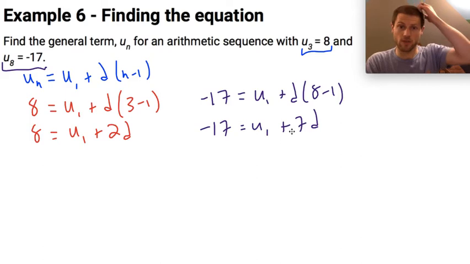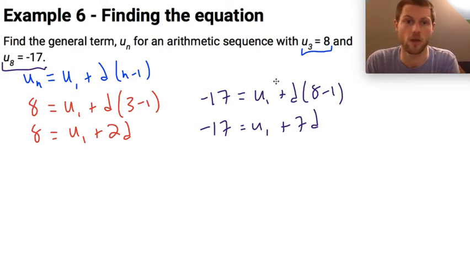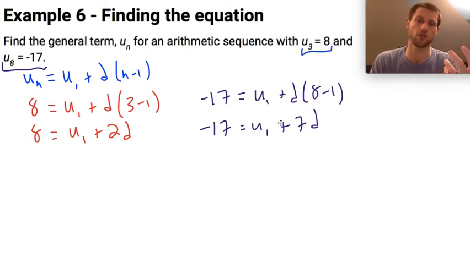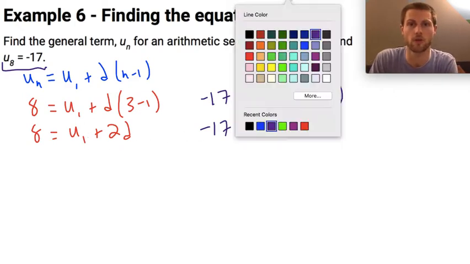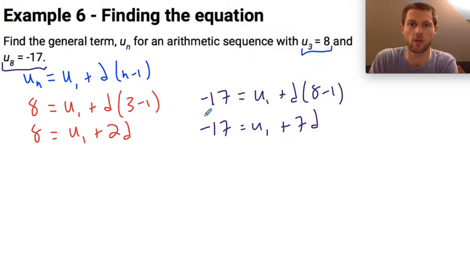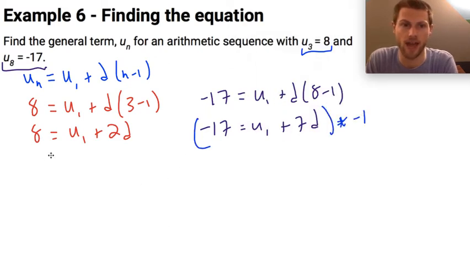And what we have here is a system of equations. We've got two unknowns. And I'm going to combine these equations together, and I can actually use elimination to solve this. So here I see a positive u sub 1 and a positive u sub 1. So I'm going to multiply this whole equation by negative 1, and then add it to this one here.